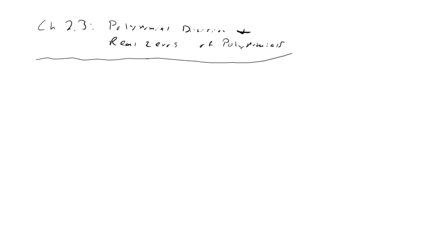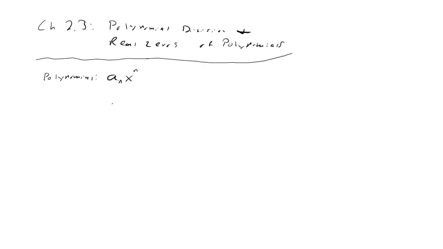Let's start with that. A polynomial is any equation that is written like this. It has a coefficient. We're going to call this a sub n, some number, times x to a power.